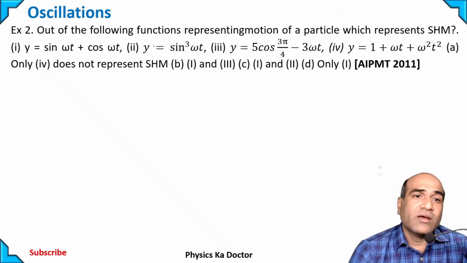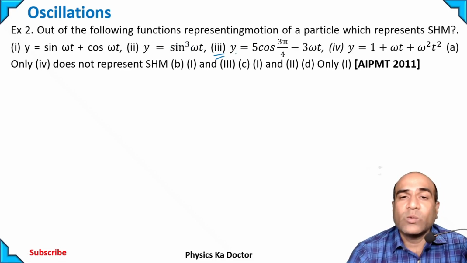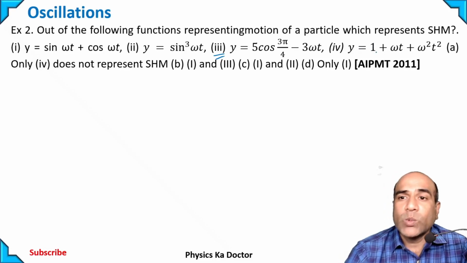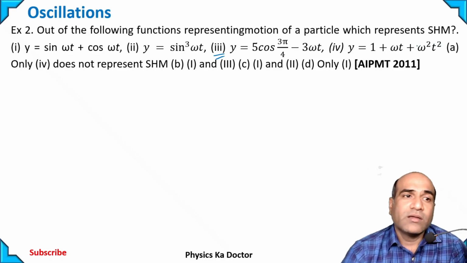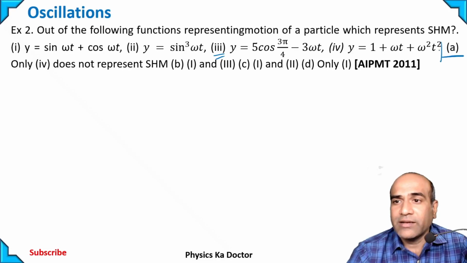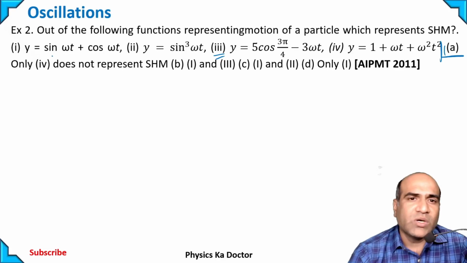Second, y equal to sine cube omega t. Third, y is equal to 5 cos of pi by 3 minus 3 omega t. Fourth, y equal to 1 plus omega t plus omega square t square. Right. So these are the four, and options are here. First option, A: only 1. Fourth does not represent simple harmonic motion.